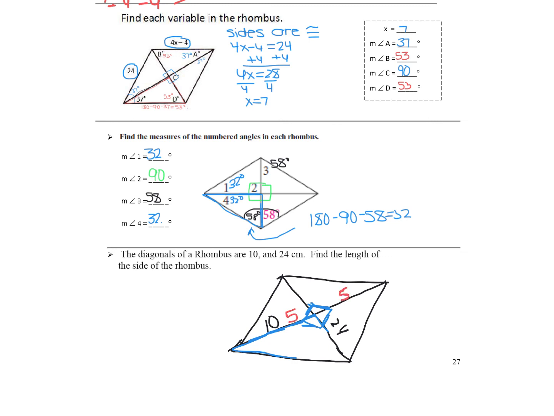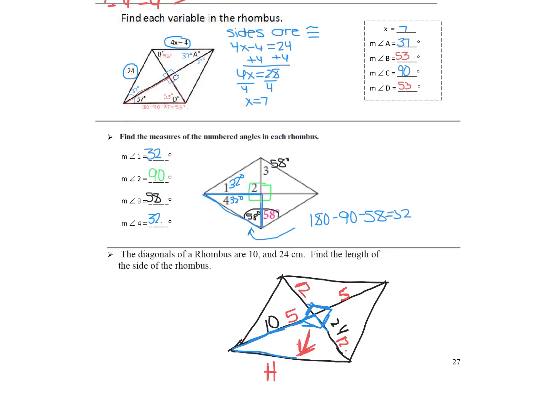So if 10 is split in half, one side is 5 and the other side is 5. And if 24 is split in half, one side is 12 and the other side is 12. Now, that makes it a little bit easier for us, okay? Because we know that across from our right angle, that side is our hypotenuse.